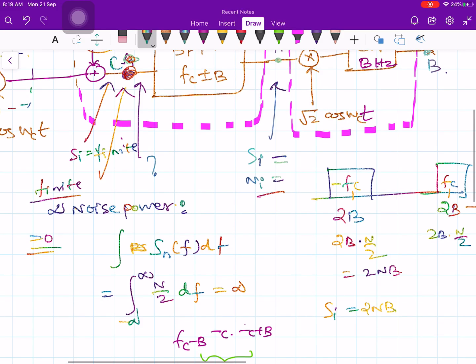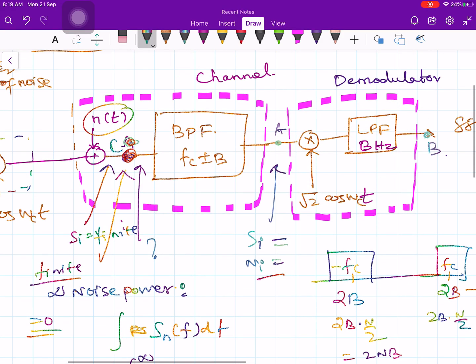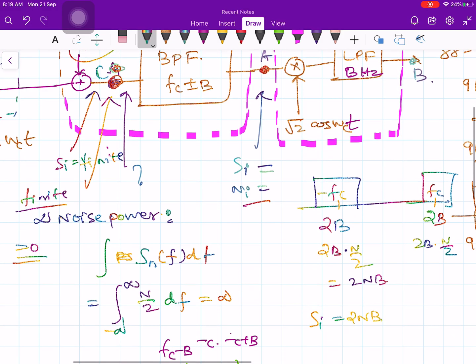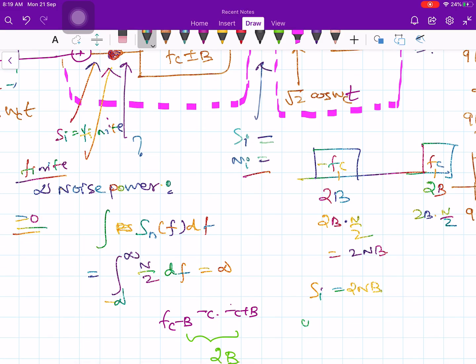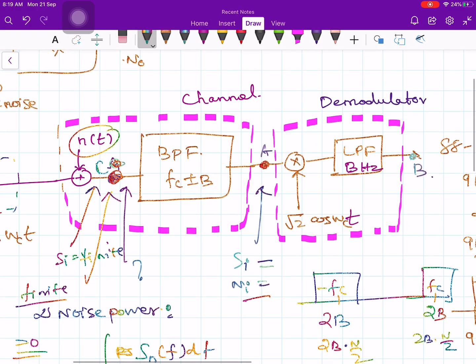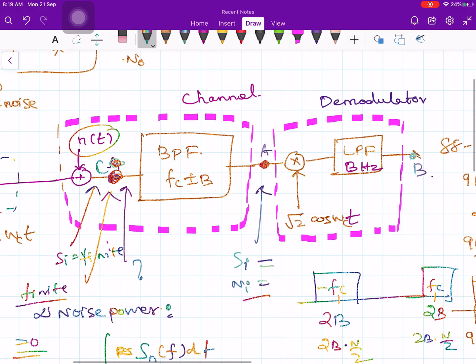Okay. So at point A, let us try to write down the signals. Let me denote the input signal yi of t is equal to si of t plus ni of t. This si of t is coming through the band pass filter.